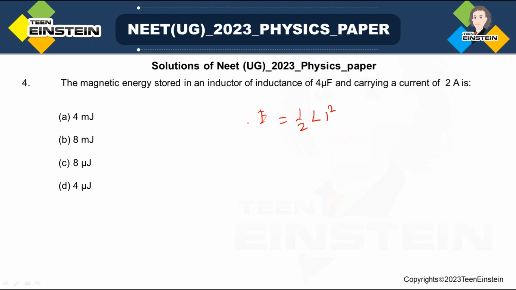So what is inductance? Self-inductance L is equal to 4 microfarad. So L we have got here. Oh, I'm sorry. This should not be microfarad. This should be micro Henry inductance. Half L I square. This is the current. So 2 whole square.